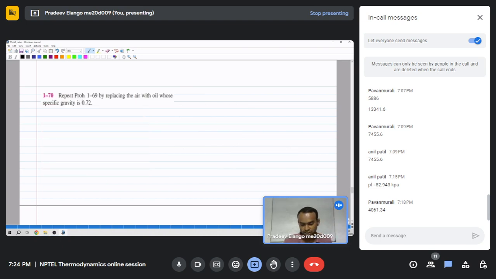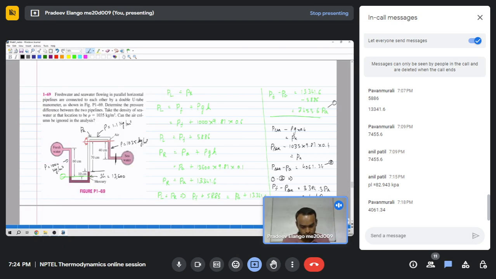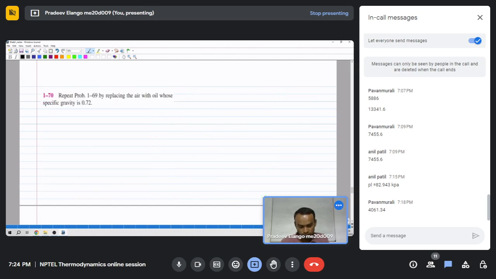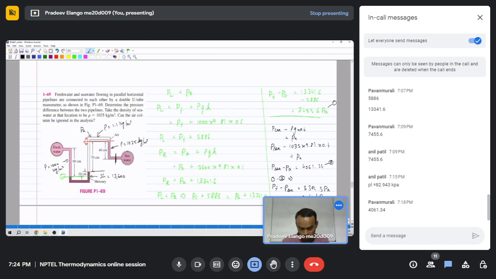In the next problem, this problem can be repeated with the air replaced by an oil of some specific gravity. Then you cannot ignore the height of the air column, which will now become an oil column. So you have to consider the 70 centimeters and 40 centimeters and then solve it, which you can try yourself, and if you have problems you can see it in the next class.